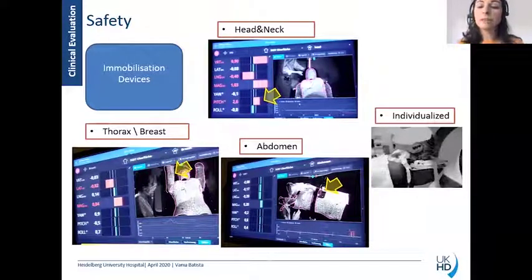Something new that before was quite difficult is, for this kind of patients, that you have a really individualized setup of devices.